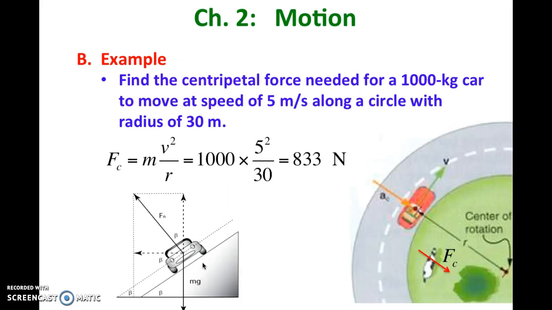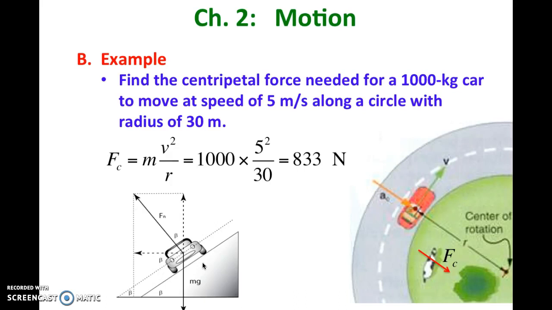For an example, find the centripetal force needed for a 1,000 kilogram car to move at a speed of 5 meters per second along a circle with a radius of 30 meters. From the centripetal force formula, Fc equals mv squared over r.